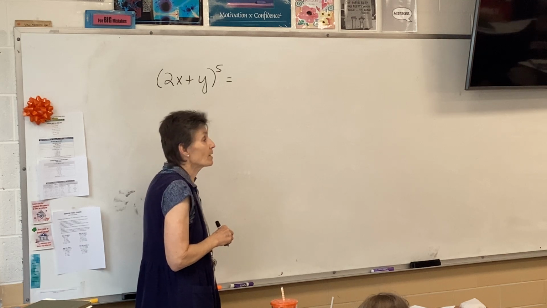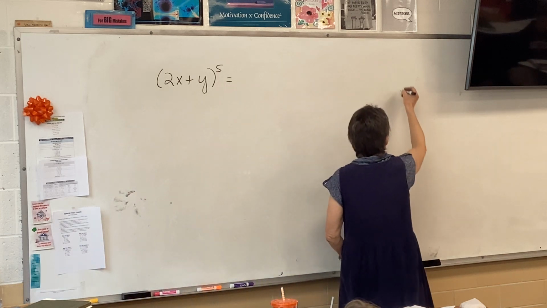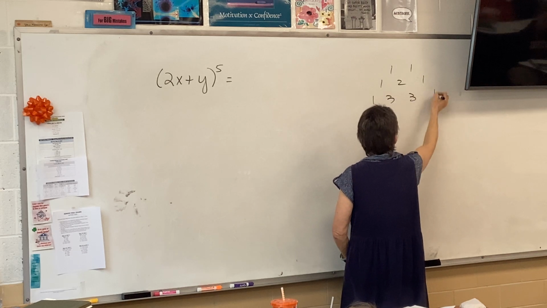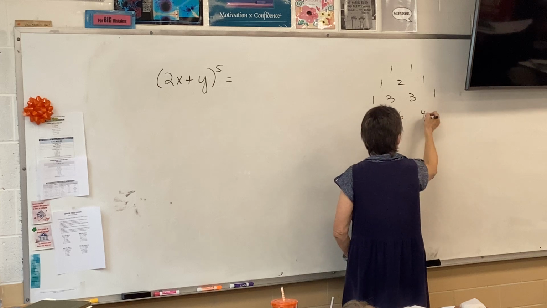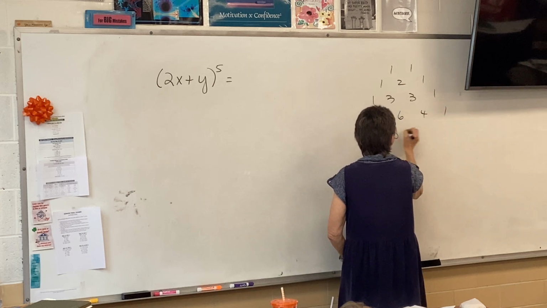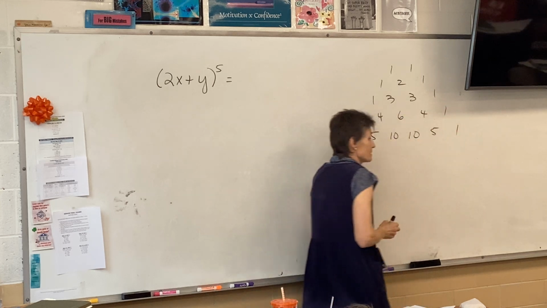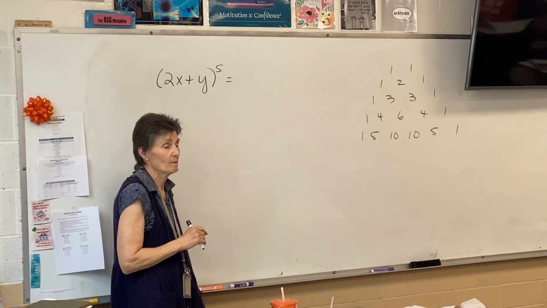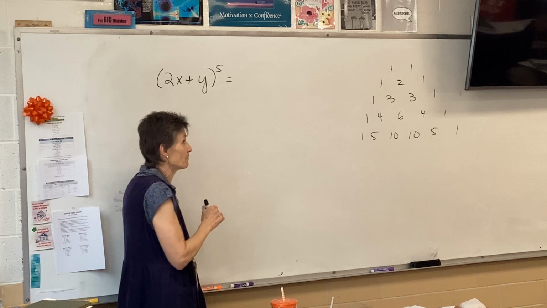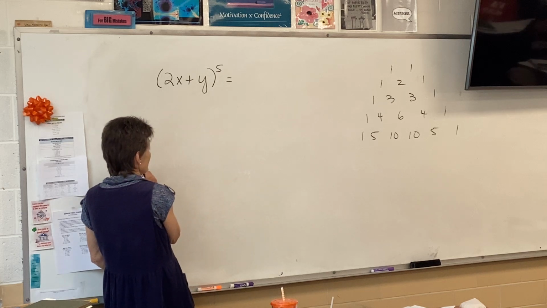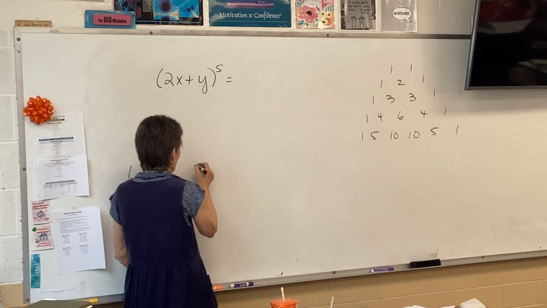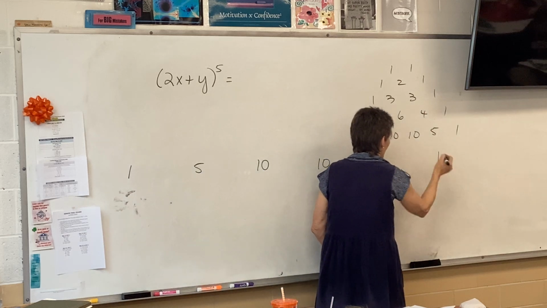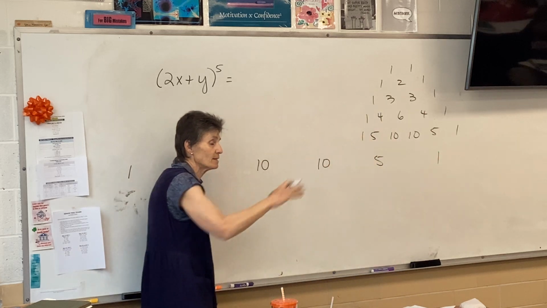Use Pascal's triangle, so 1, 1, and since I am expanding to the 5th power, I use the 5th row. So my coefficients are 1, 5, 10, 10, 5, 1. So I start by writing those down.